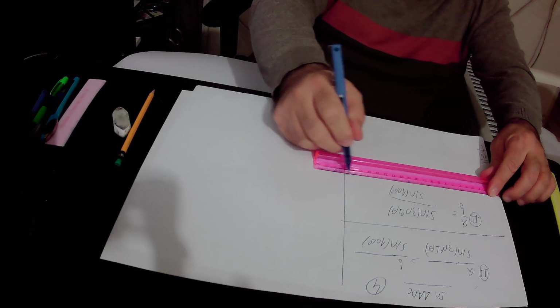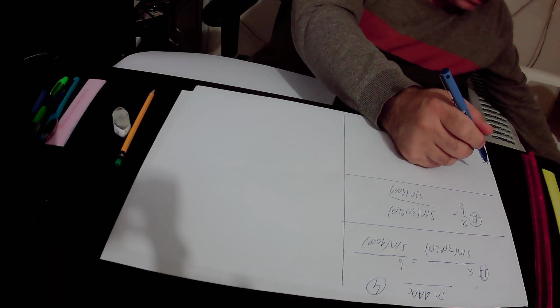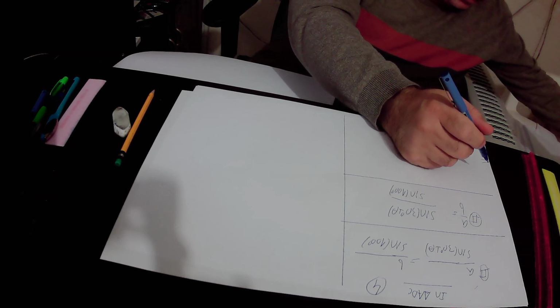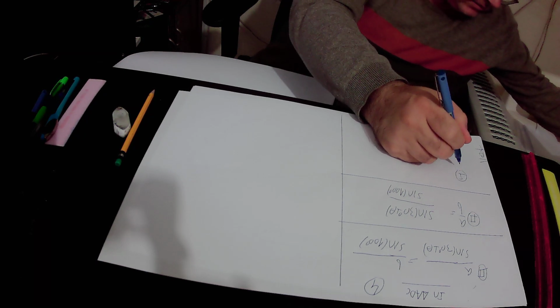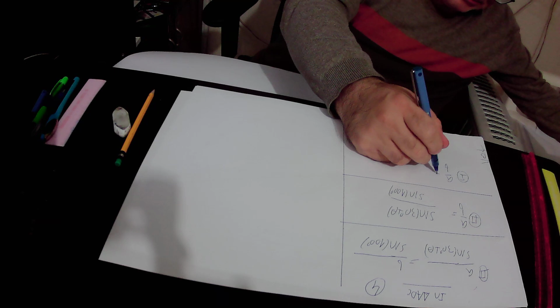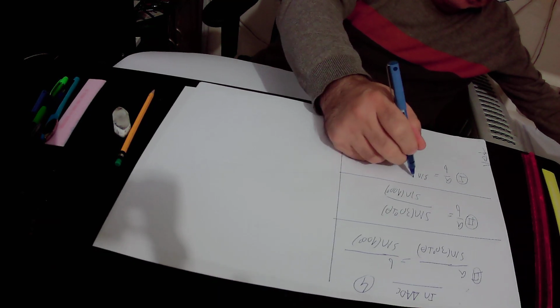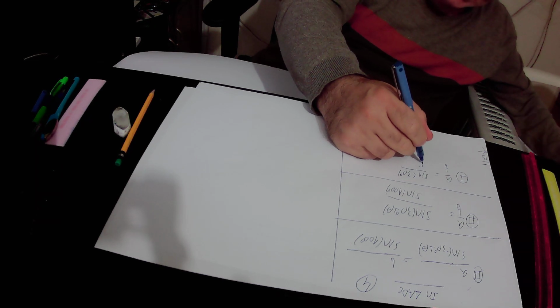This is according to equation number 2, but we have already found out that according to equation number 1, A over B equals sine 30 degrees over sine 50 degrees.